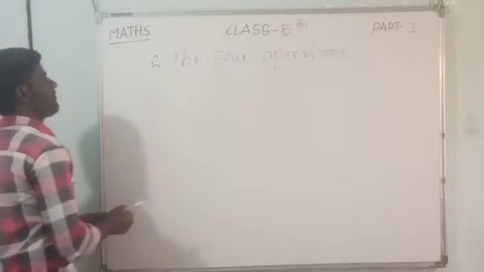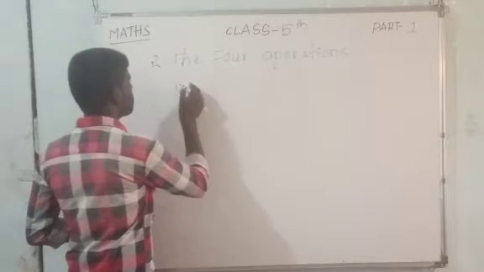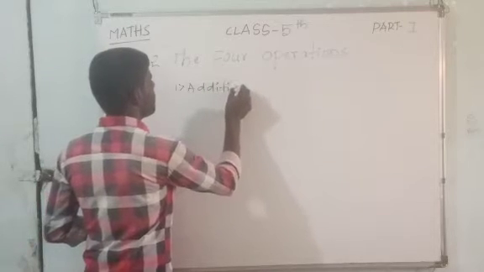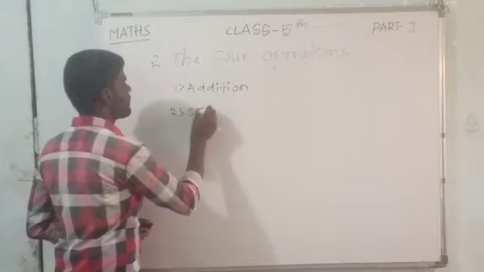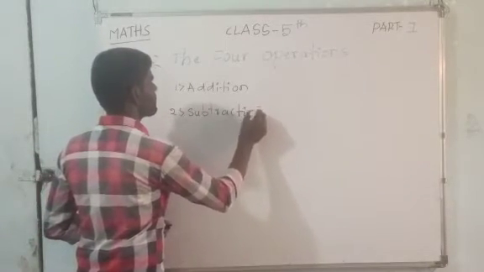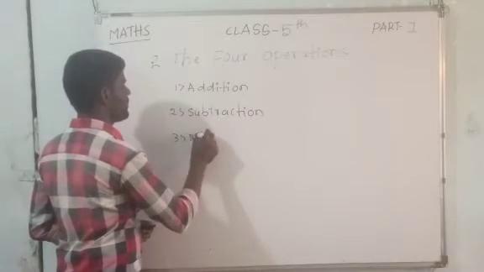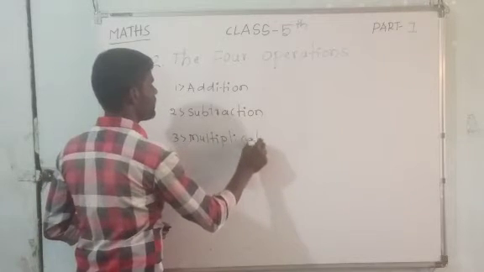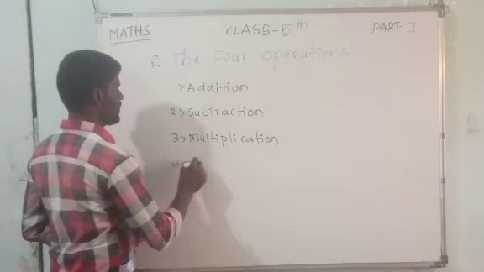First one is addition, second one is subtraction, third one is multiplication, fourth one is division.